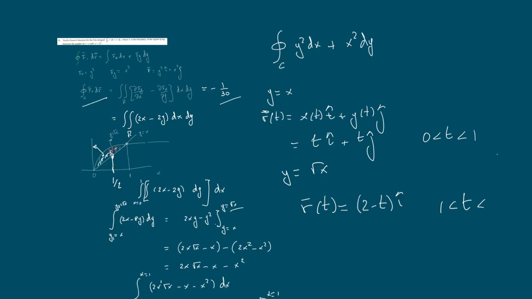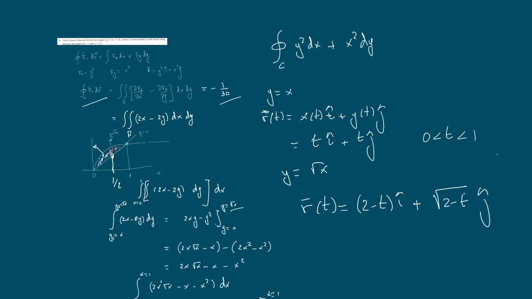And the parameterization for the y, because y equals square root of x, will be plus the y of t, but y is a square root of x, and x of t I have written like 2 minus t, so it's a square root of 2 minus t j.